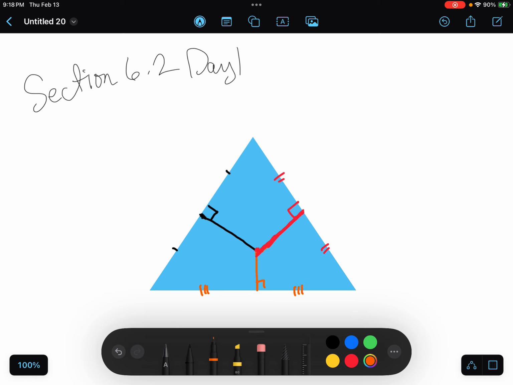You'll notice on certain triangles that they all came together at a certain point. Okay, so that point right here where they all come together, if you have ones that all come together like that in the same point, those are called concurrent. The point of concurrency, and this one's special, is called the circumcenter.